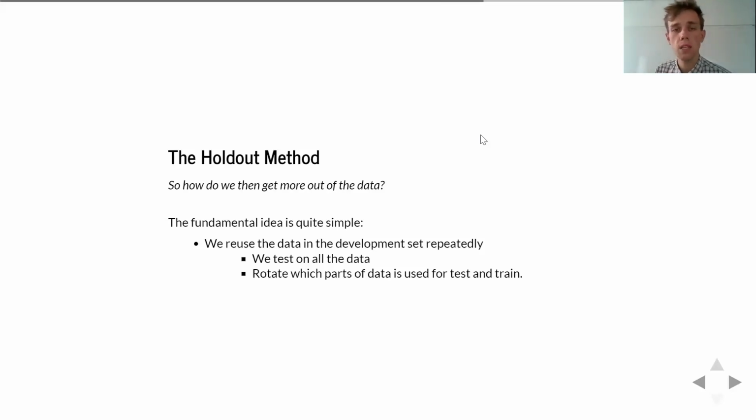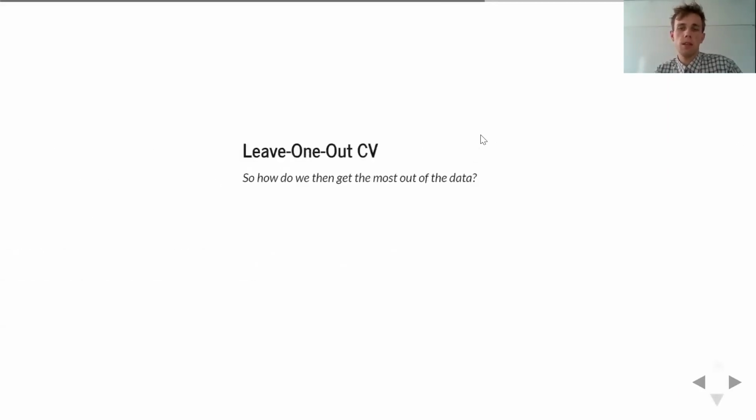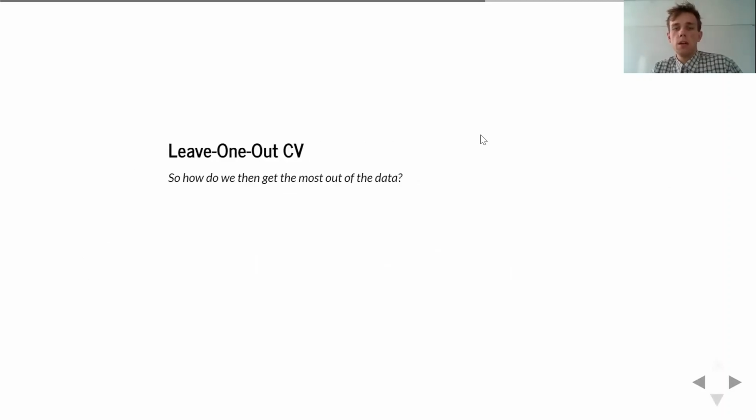So basically, what we are going to introduce is a way of testing on all our non-test data, so on our full development data set. So what we're going to do in practice is rotate which parts of the data are used for training and which parts we use for validation.